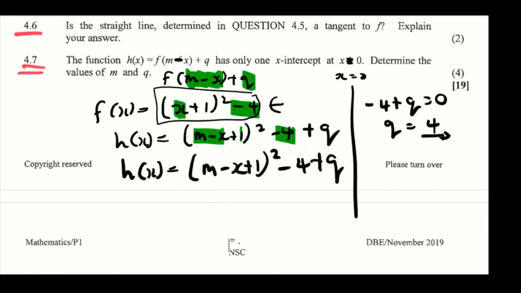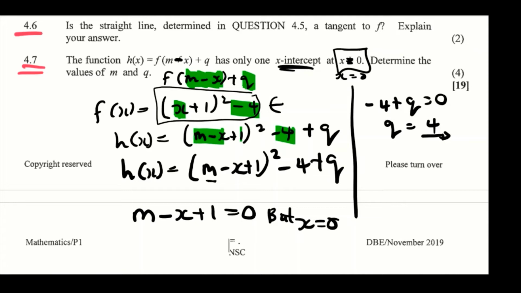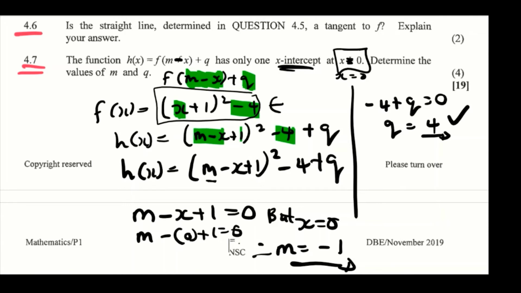Then to find m, you say m minus x plus 1 is equal to 0, but you're told that the x-intercept is 0, so x is 0, so m minus 0 plus 1 equals 0. Therefore m is equal to minus 1. So you have found your value of q and your value of m for this question.